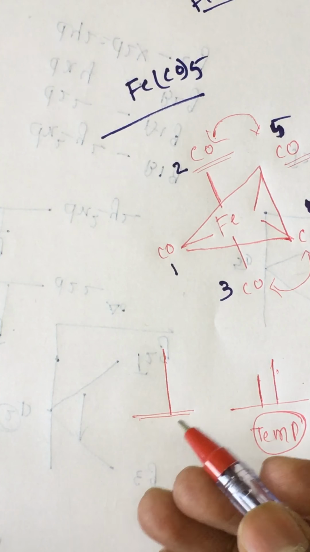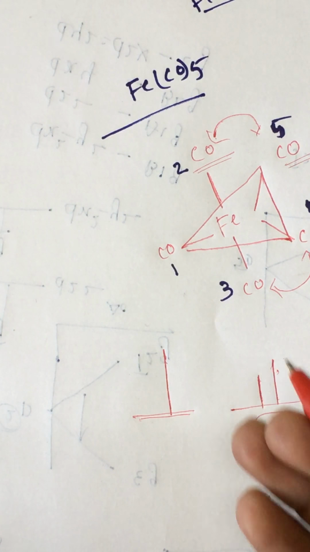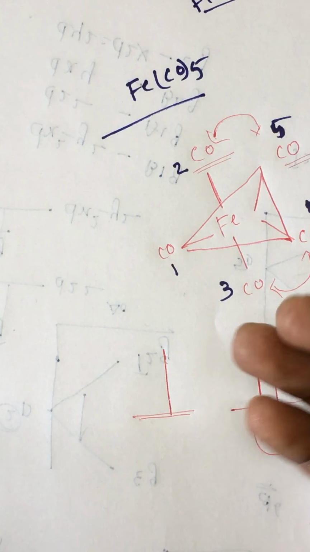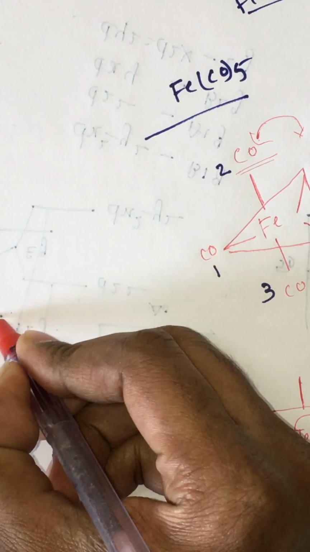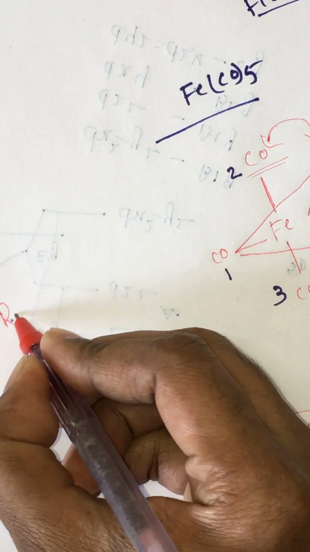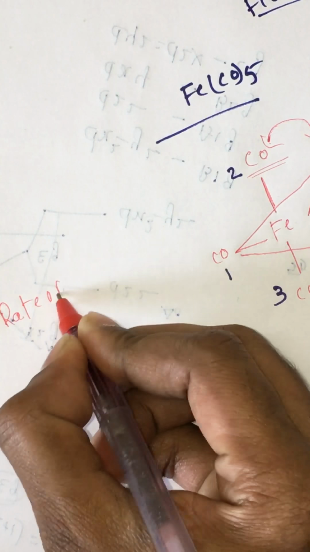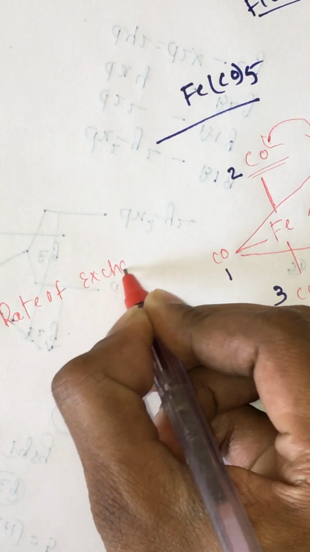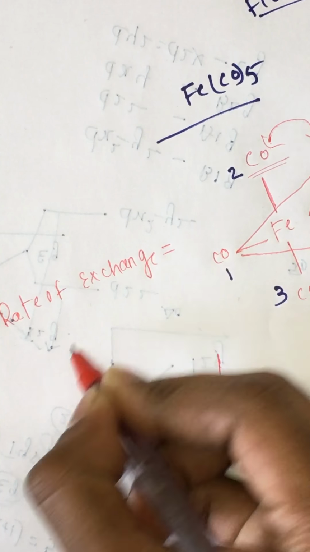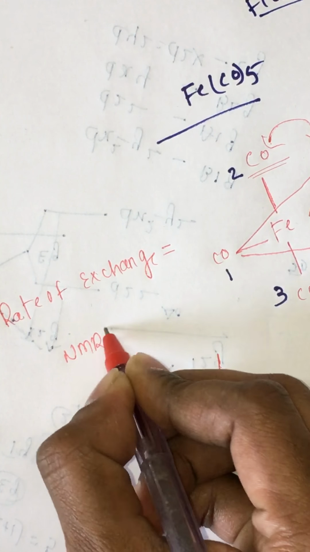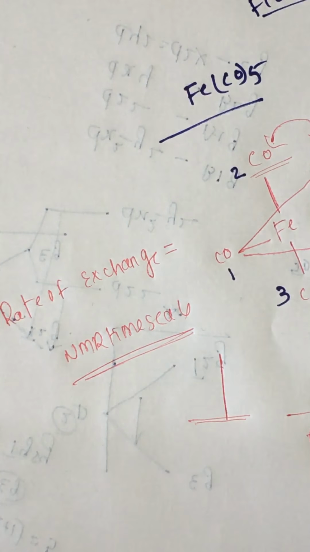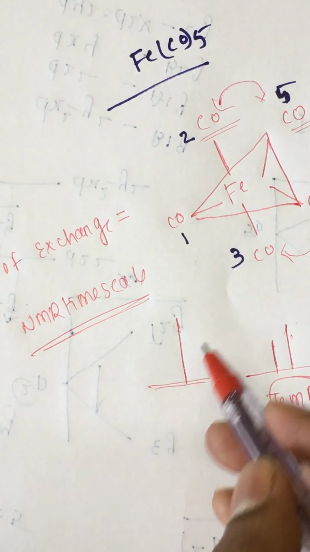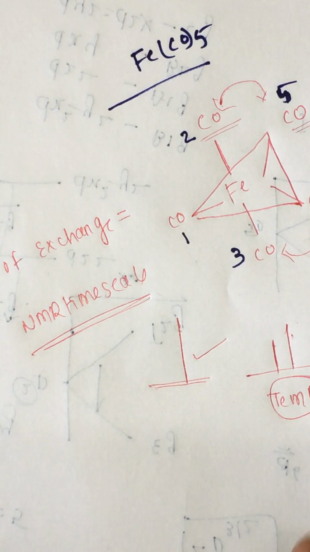If we want to differentiate axial and equatorial by NMR, the rate of exchange should be equal to the NMR time scale. At high temperature the rate of exchange is very fast compared to the NMR time scale.